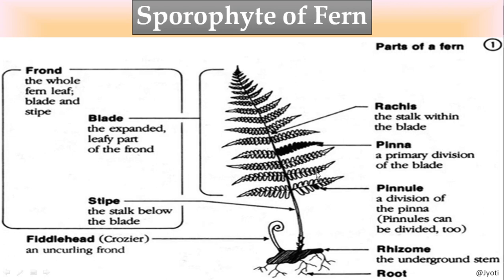Now the whole structure from here is called the frond. So frond we have studied in brown algae, the holdfast, stipe and frond. So this can be compared with the frond, but it is actually a true leaf which contains vascular tissue.